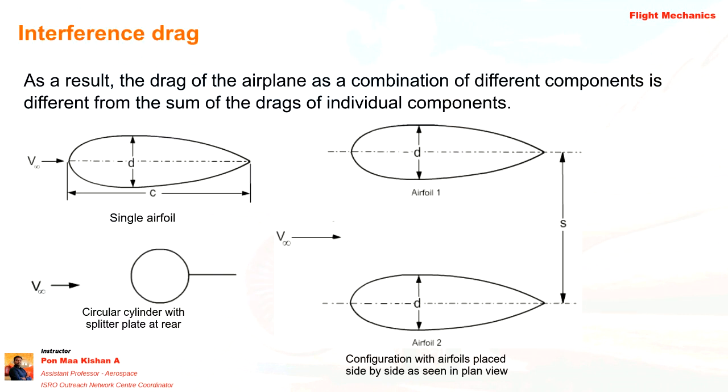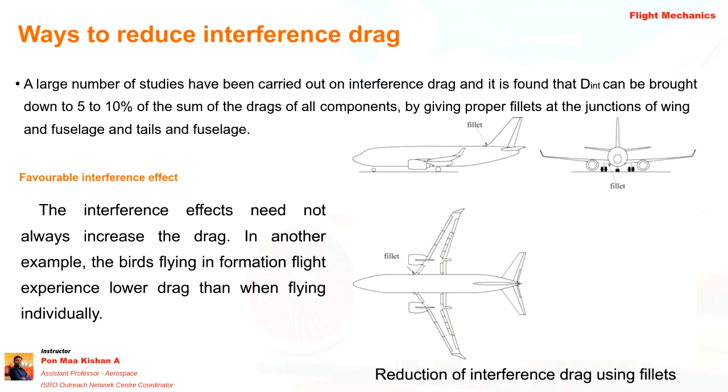So the way to reduce the interference drag is by making a fillet formation. What does fillet mean? I will draw that also. Suppose I have a square shape, so the corner is sharp edged. Fillet, as you might have studied in AutoCAD or design, means we make a curved path instead of having a sharp edge.